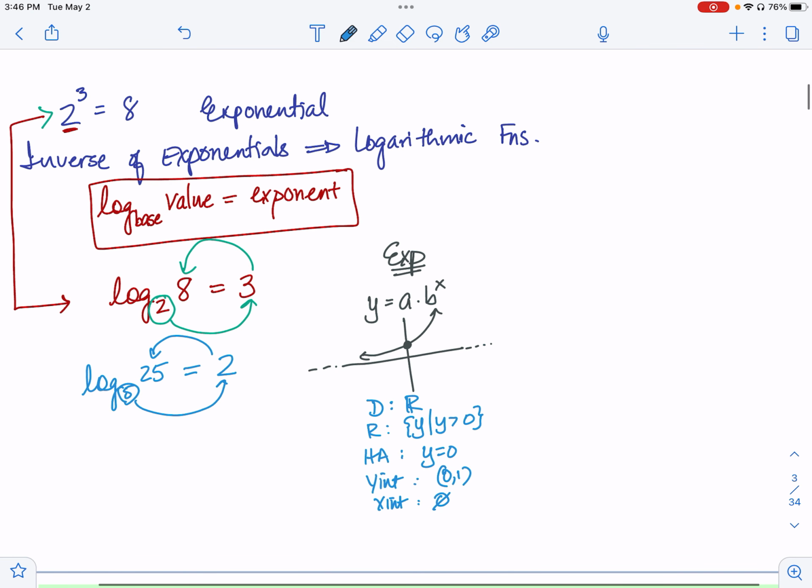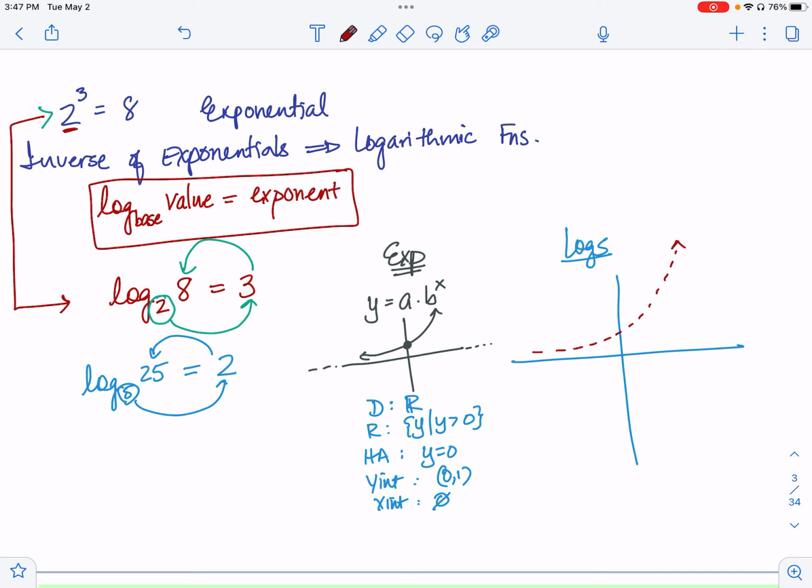Now with logs, since logs are the exact inverses of exponentials, here's the log graph, and one more time, here's the exponential growth. Now a function and its inverse, like we studied in first semester, are always symmetrical about the line y equals x.